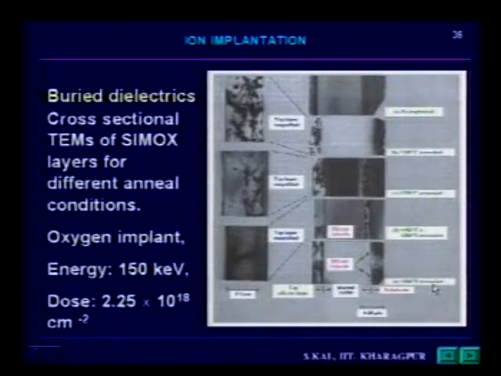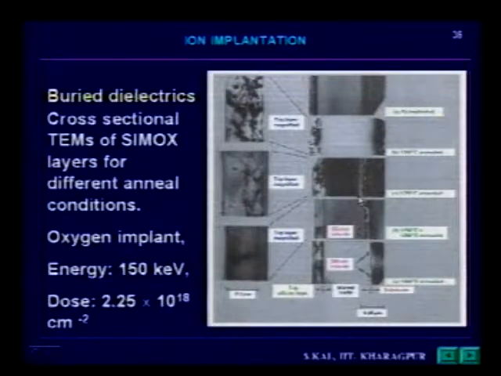So there another thing, if you increase the annealing temperature to a very high value and for a longer time, then again there is a problem of forming defects. That means the annealing has a lot of effect on the surface silicon layer.